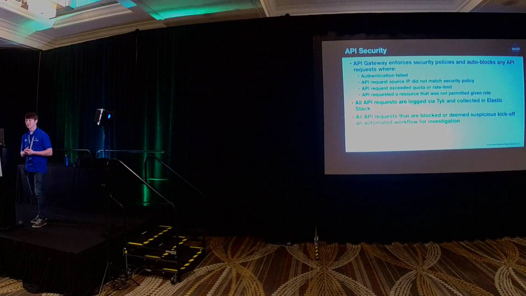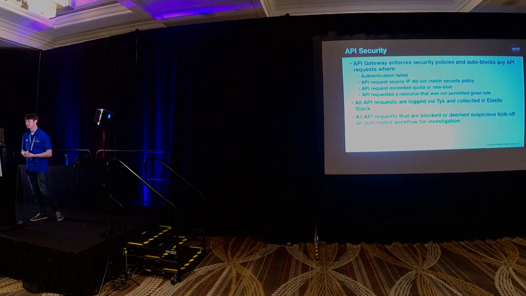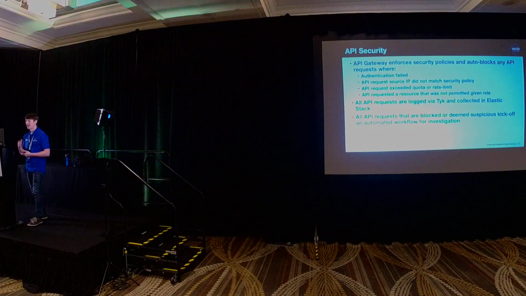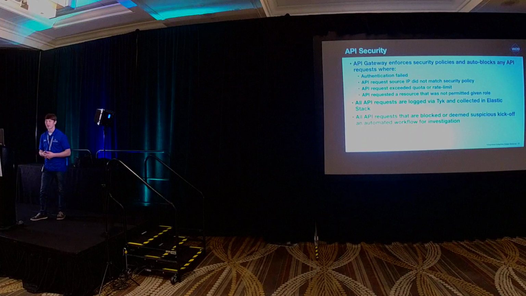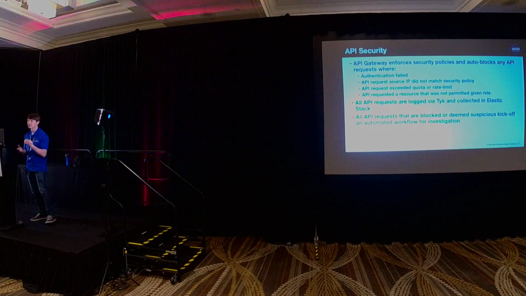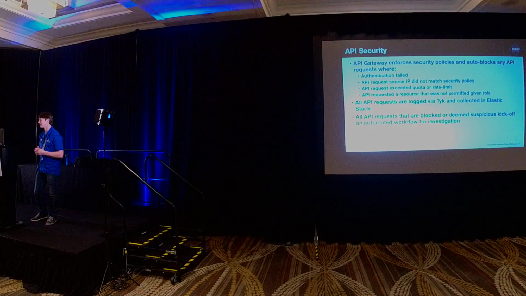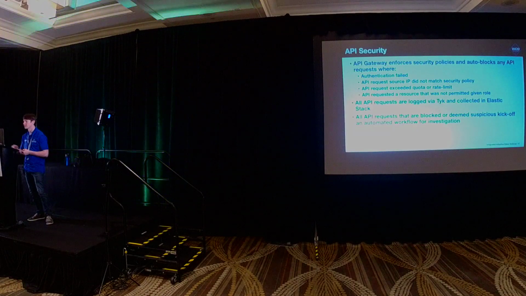All of the requests are logged to Tyk, and then those logs are forwarded to our Elastic Stack SIEM. And then any suspicious API requests kick off an automated workflow to investigate that, enrich that log data, and then make a decision to alert the analyst or to take the automated response and revoke that API key.